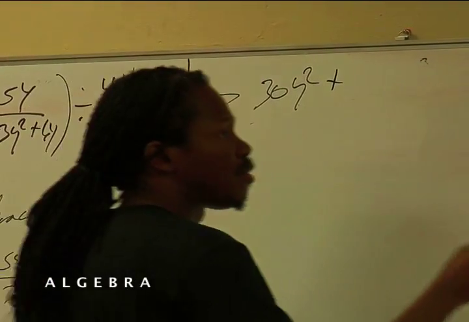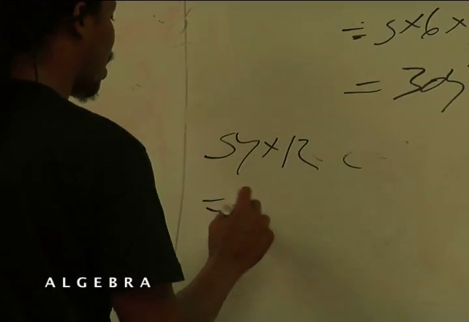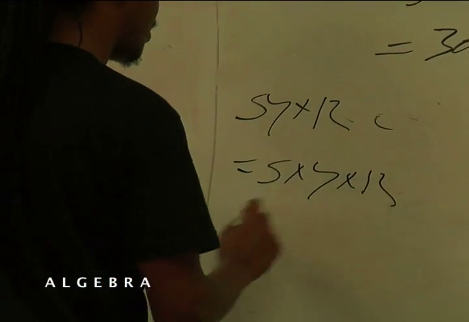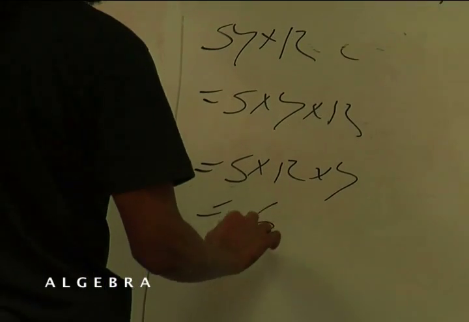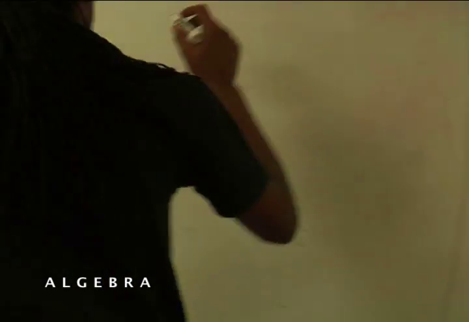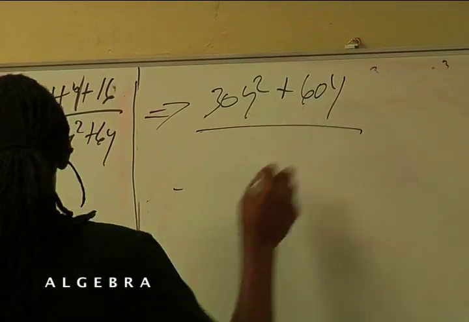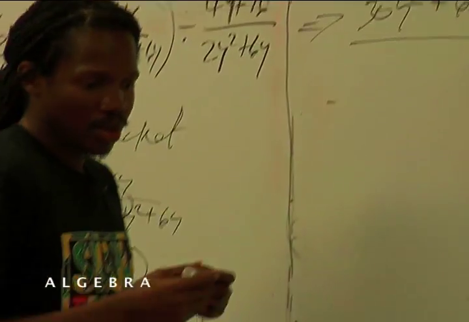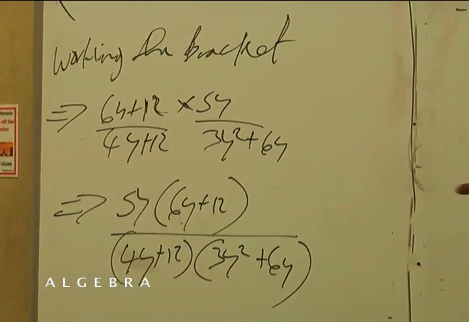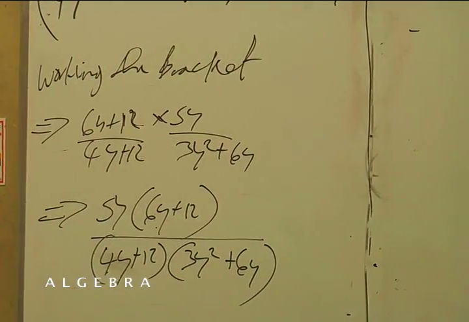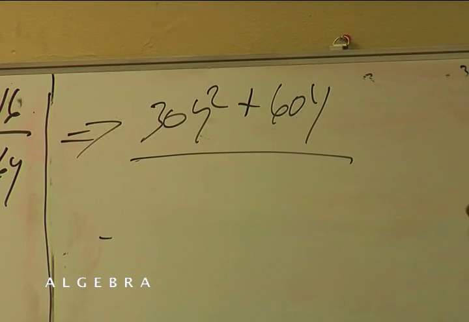Then plus 5y times 12 equals 5 times 12 times y equals 60y. So 30y squared plus 60y over. When you're multiplying two brackets, the first number in the first bracket multiplies everything, and then the second number in the first bracket multiplies everything.